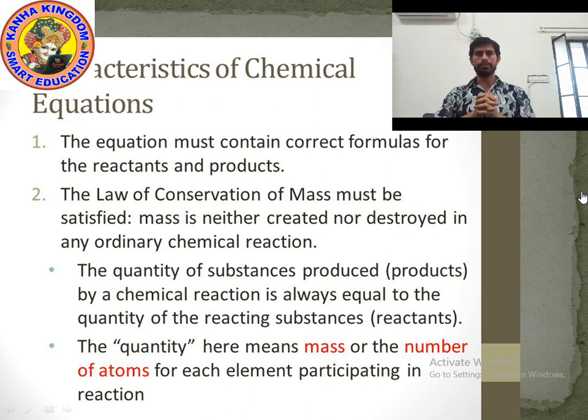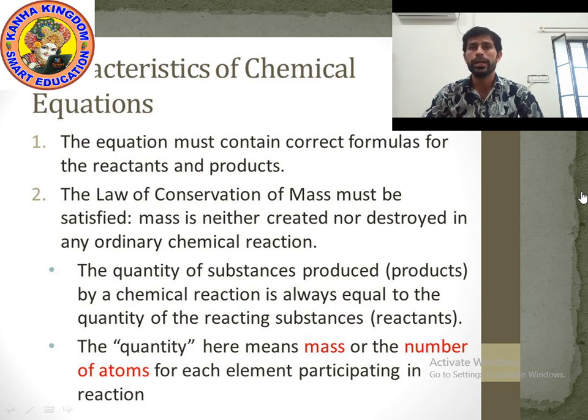As I already explained, mass is neither created nor destroyed in any ordinary chemical reaction. You cannot create mass and you cannot destroy it. This is the law of conservation of mass.